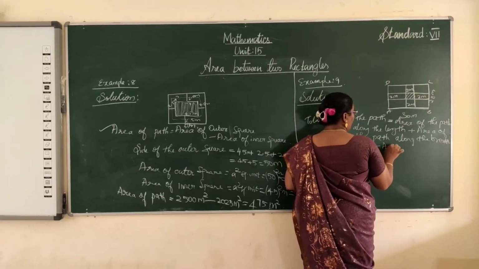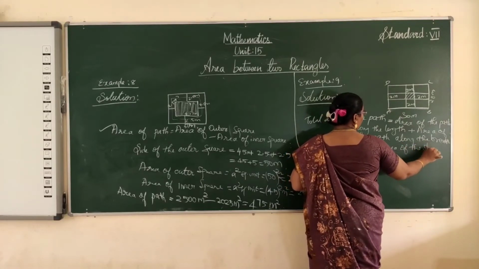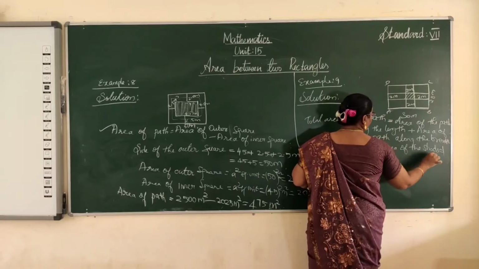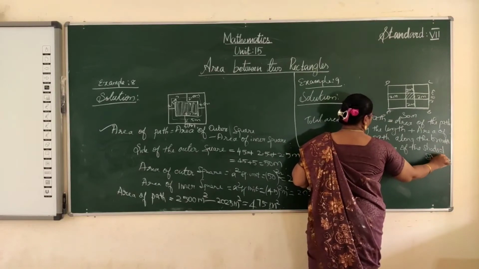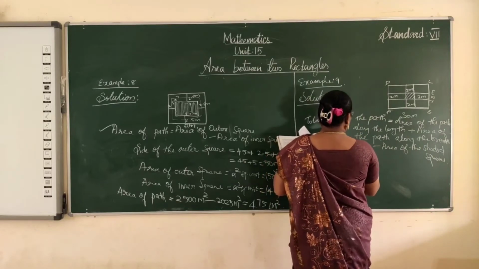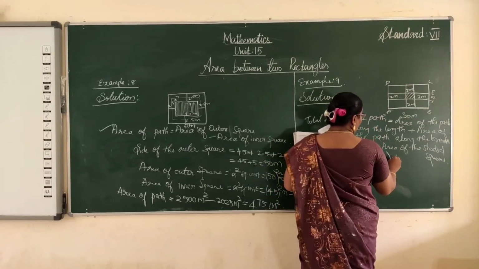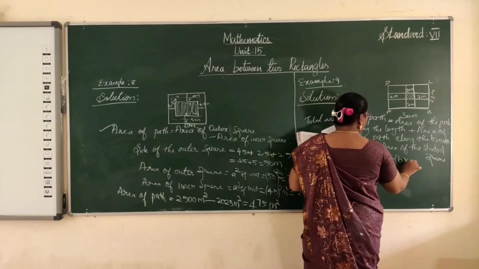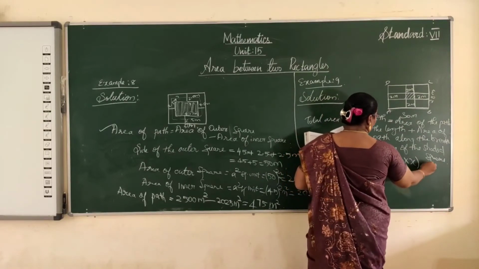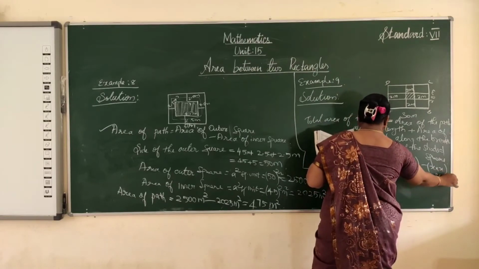Okay, what is that formula? L into x plus breadth into x minus x into x square units.